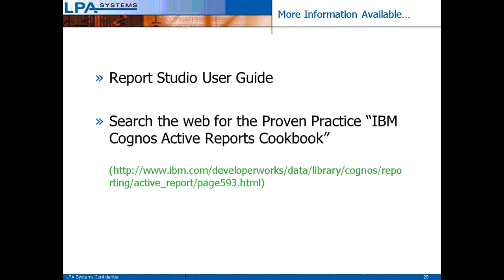But one of the best sources I've found for active report knowledge is to search the web for Proven Practice IBM Cognos Active Reports Cookbook, and you'll be directed to an IBM site. The Active Reports Cookbook is really pretty good. It actually walks through each one of the new Active Report Toolbox items and walks you through creating a sample with each one of those.